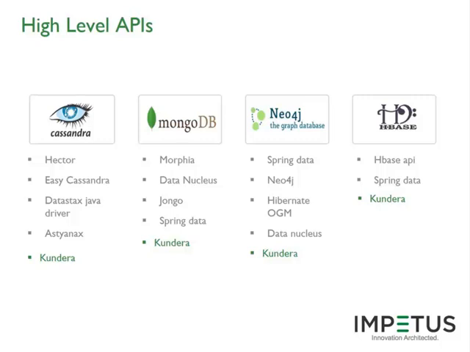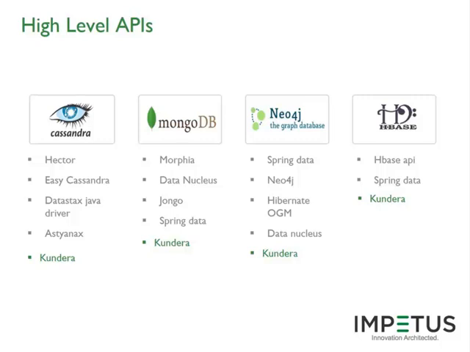Yeah, sure. So talking about high-level Java APIs, let's discuss these based on their categories. Here we will be discussing high-level Java APIs for a few popular ones. For example, for Cassandra, the options are Hector, Easy Cassandra, Astyanax.